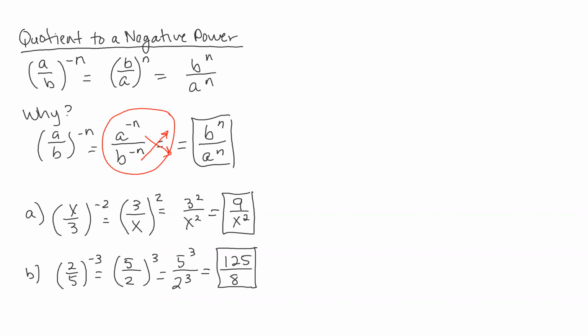Okay, now let's do another easy one. 5 over 4 to the negative 2 power. Well, I flip my quotient, and then I make my exponent positive. So I end up with 4 squared over 5 squared, or 16/25.